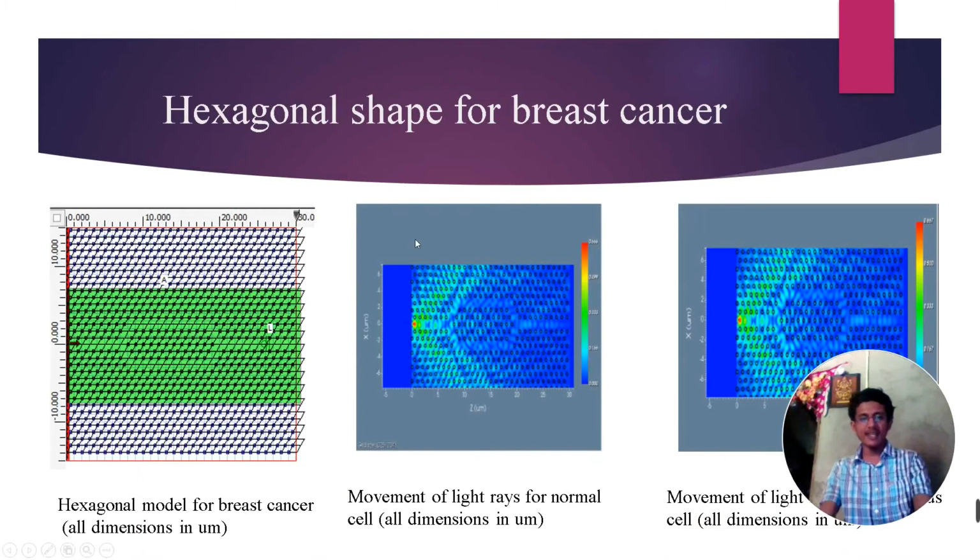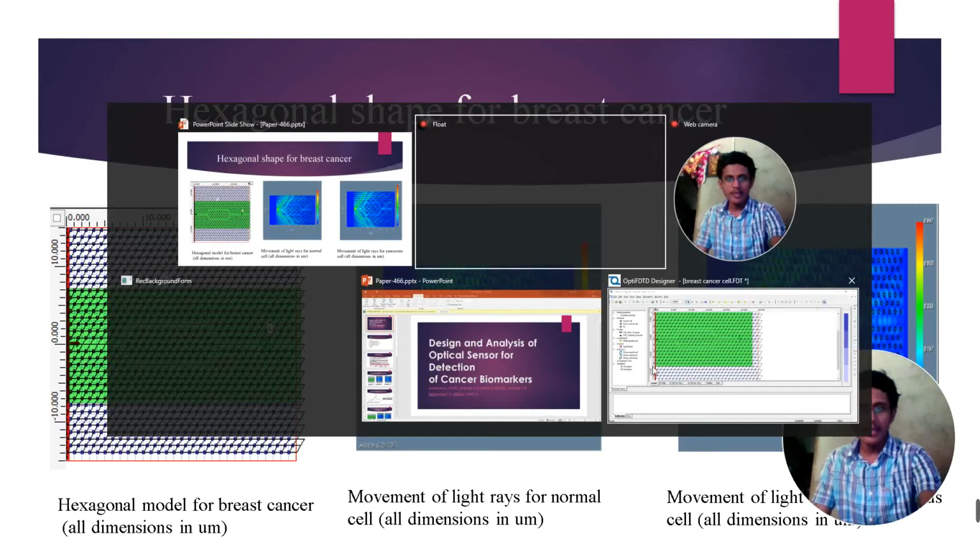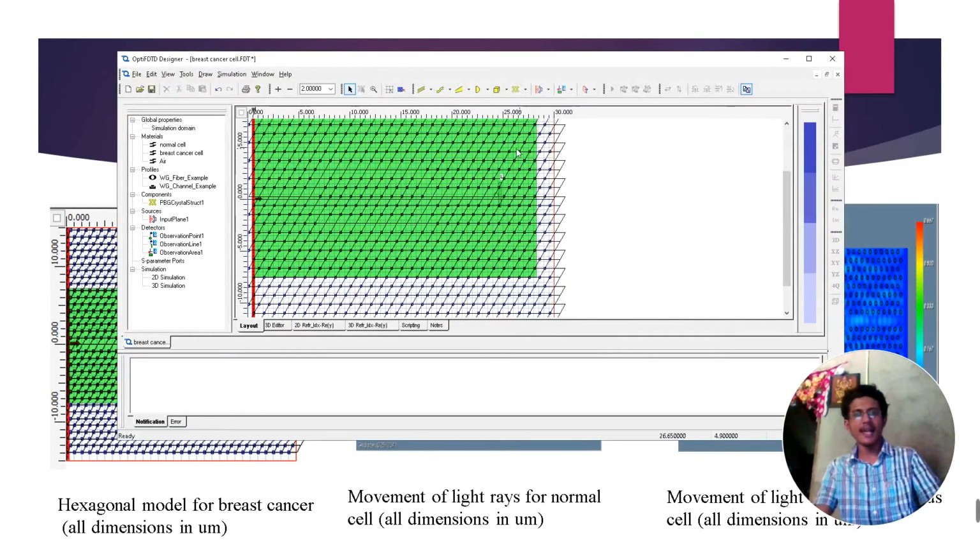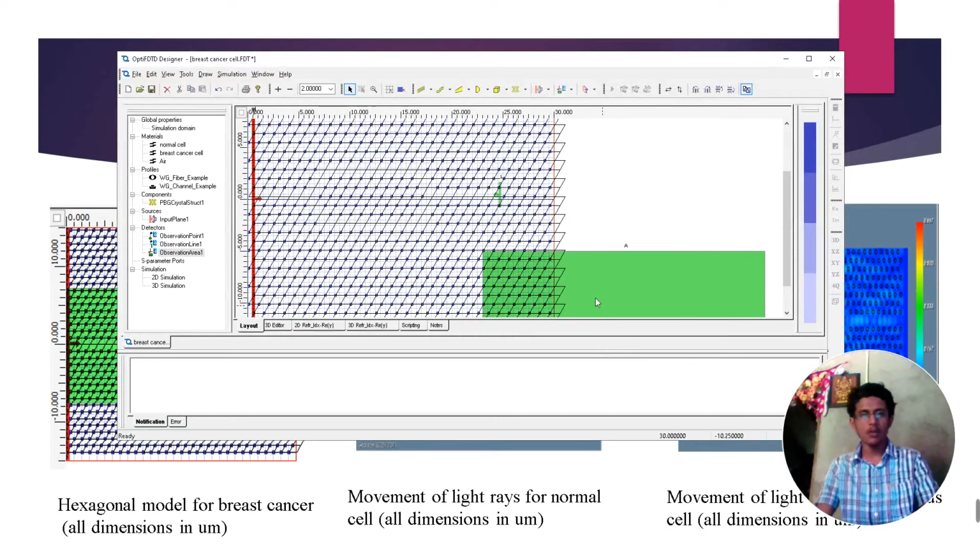Now we will see the analysis of the hexagonal shape for the breast cancer. For this, we analyzed using the FDTD software. Here is the designing part of the hexagonal shape, and this is the observation area.